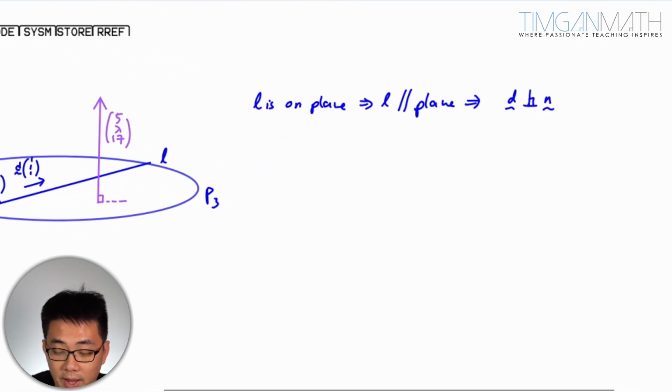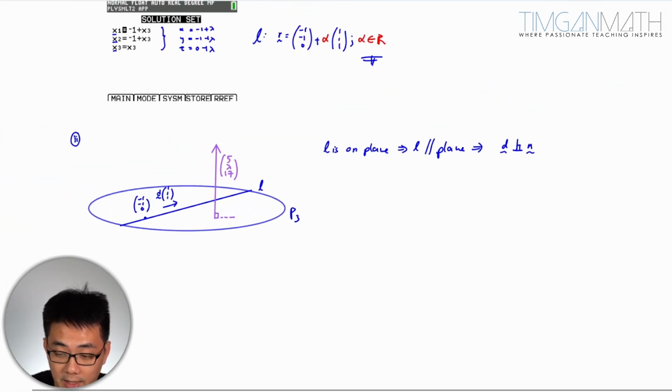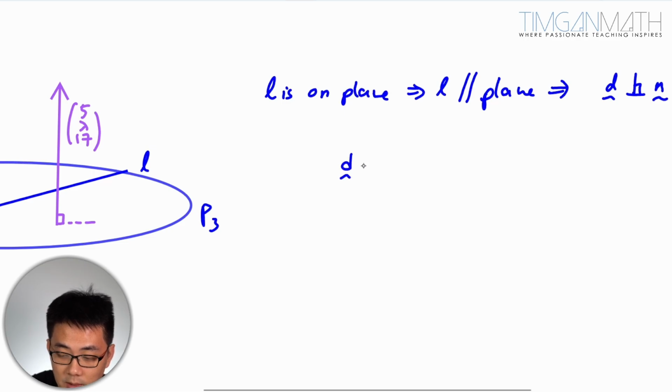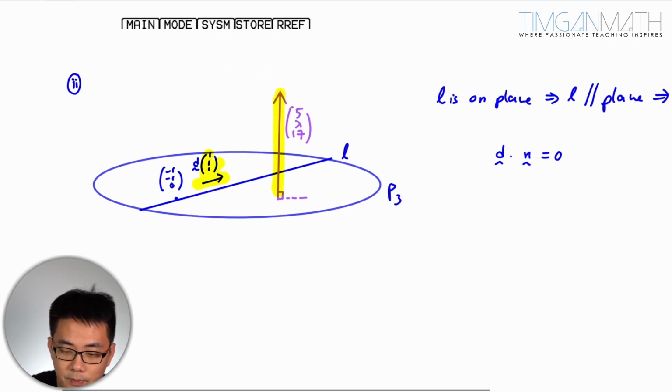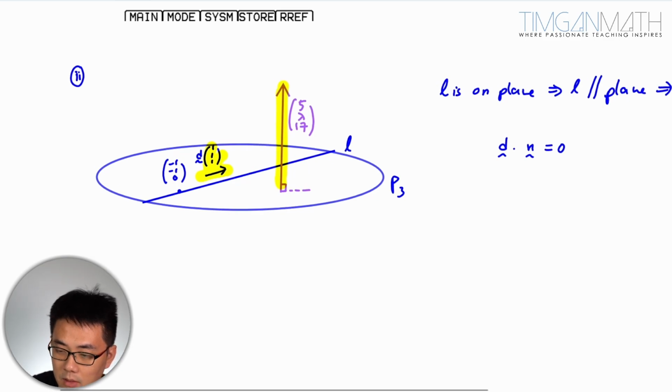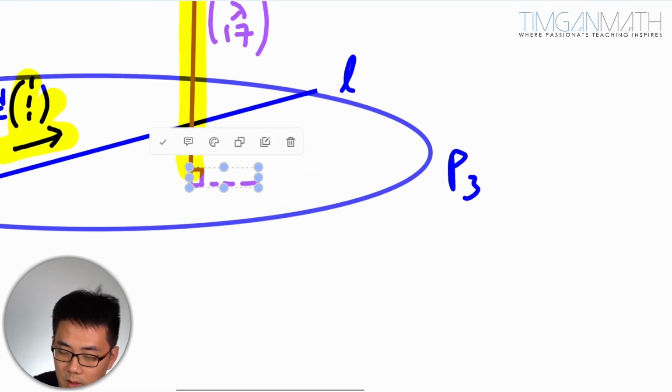That's where the first clue lies: d dot n should be equal to 0. In the diagram, this is the normal and this is the direction. If I dot them, they are 90 degrees to each other, so the line is parallel to the plane.